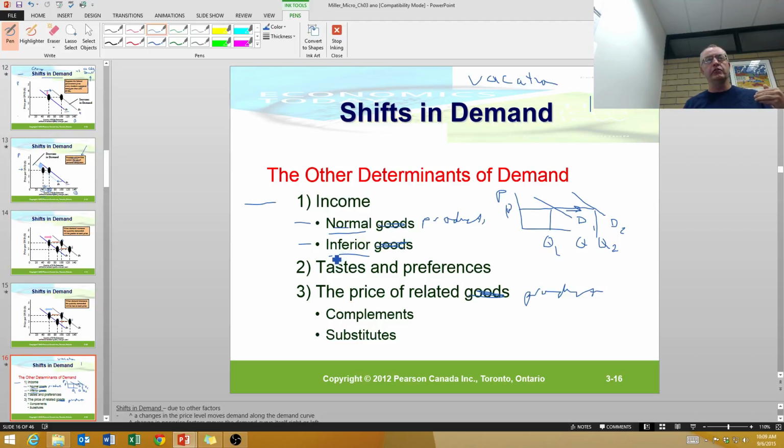However, there are also products known as inferior products, and inferior products, of course, work the opposite way. With inferior products, as our incomes go up, our demand for them declines. And there's all sorts of products that, here's D1, here's D2. As income goes up, our demand for these products declines. So this is a non-price change.